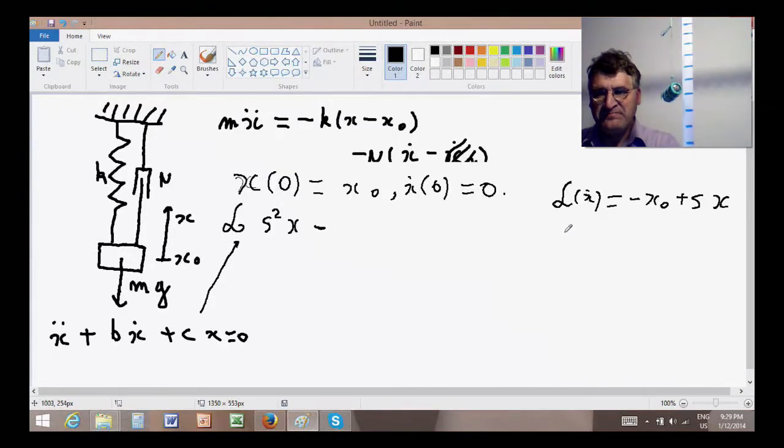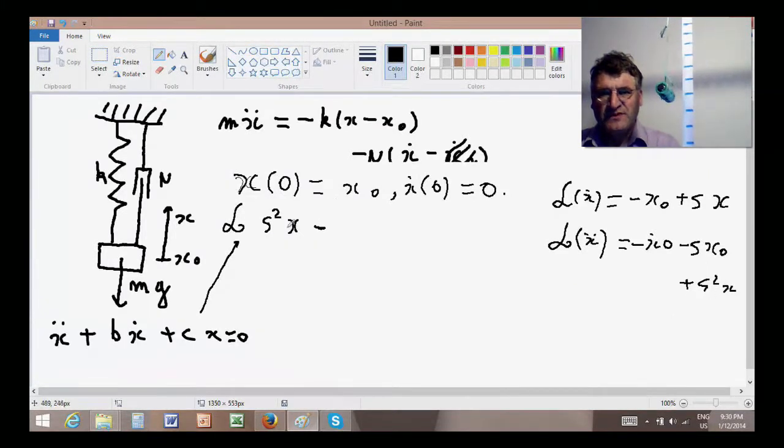And so the Laplace transform of x double dot is equal to minus x dot 0 minus s x0 plus s squared x.